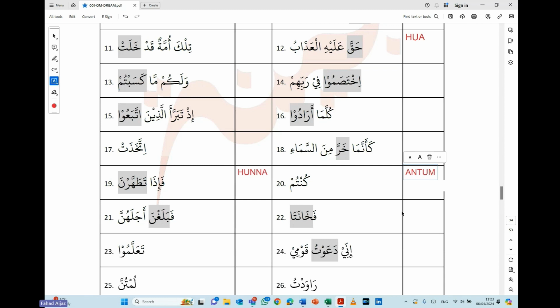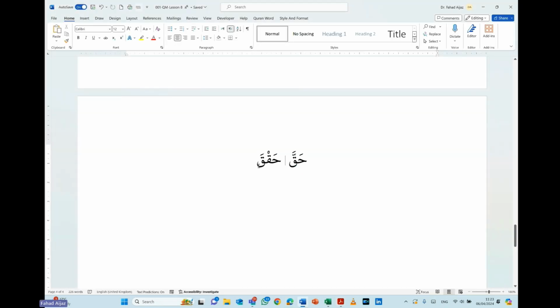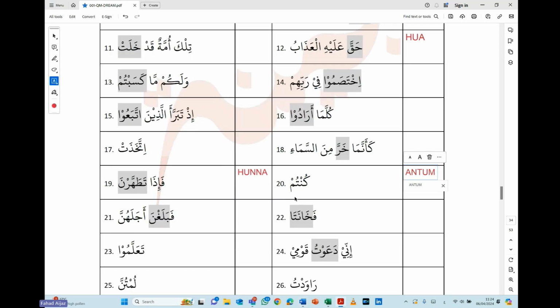It's a similar example to qultum. This word is kana, which is the same form as qala. It's the same problem there. They both have this alif. You see the pattern? This is called ajwaf in the sarf studies, where the middle letter is alif. Well spotted. Well done.